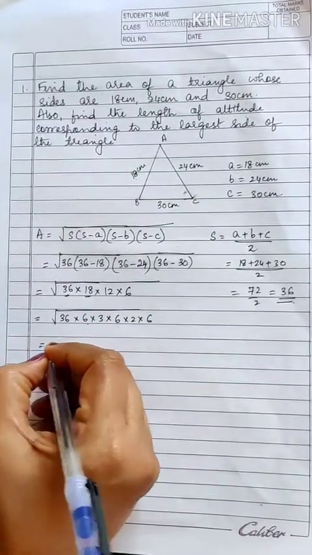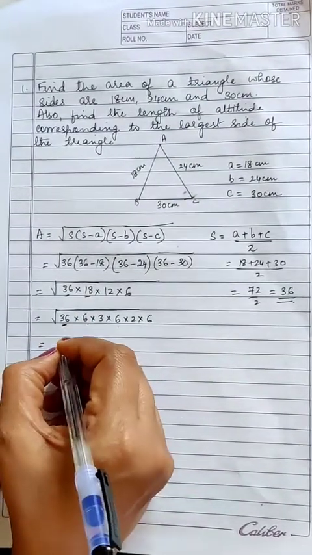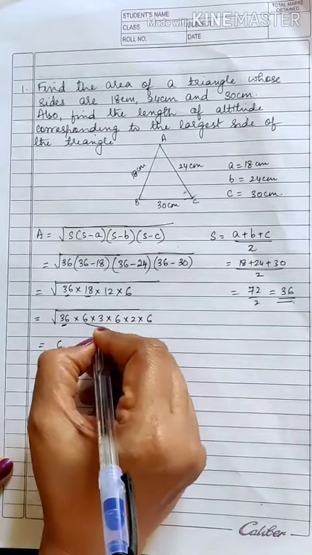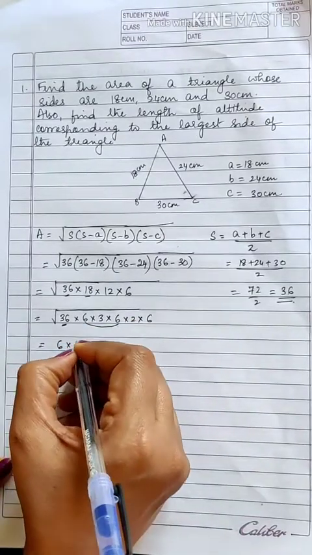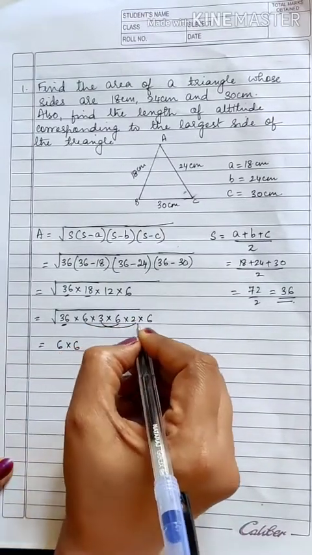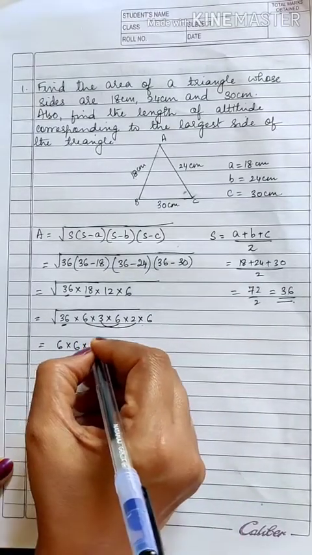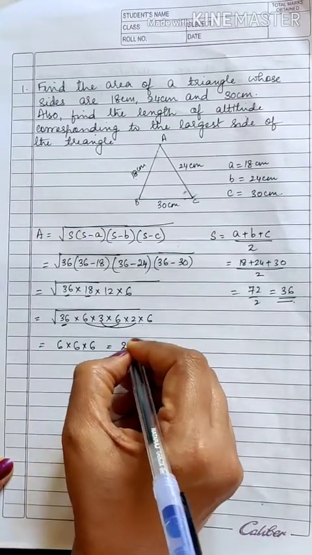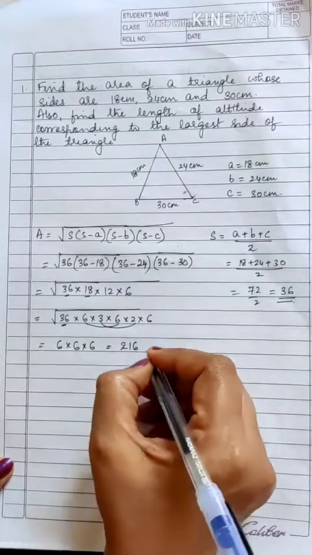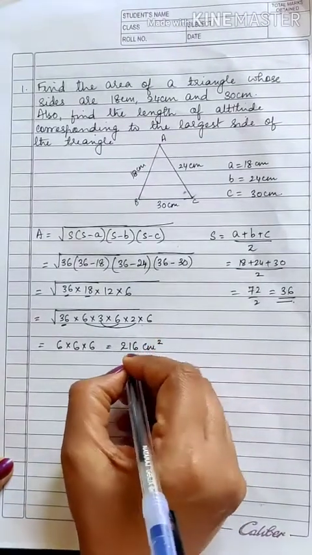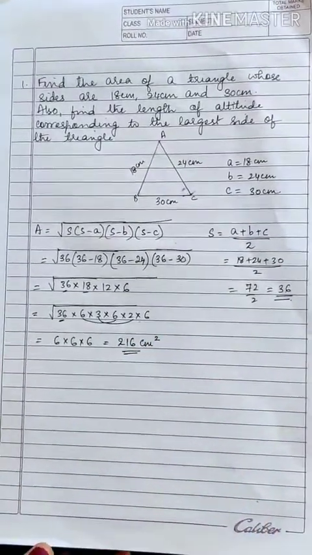So the square root of 36 is 6. Out of these two 6 we can bring one 6 out. Out of these two 6 we can bring one more 6 out, which will give you 216 centimeter square. Writing the unit is very important.